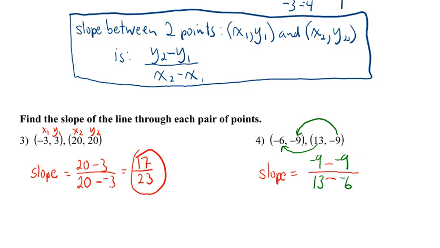Negative 9 minus negative 9 is 0. 13 minus negative 6 is 19. And 0 divided by 19 is 0. Go up 0 and over 19.